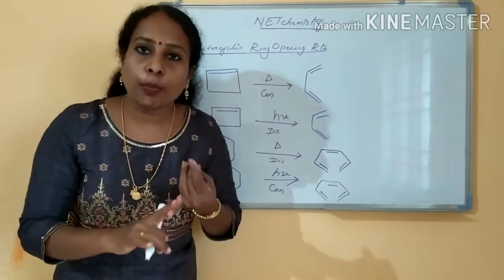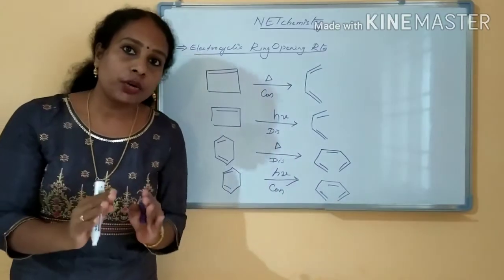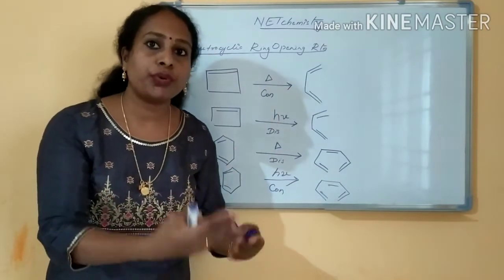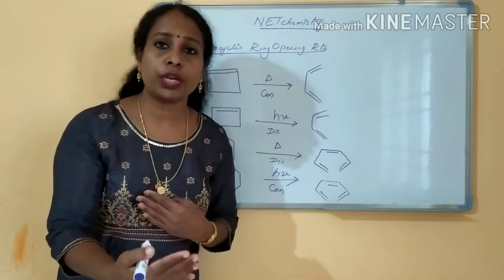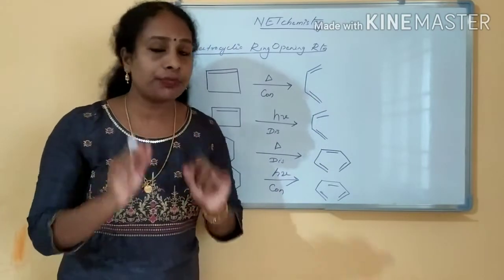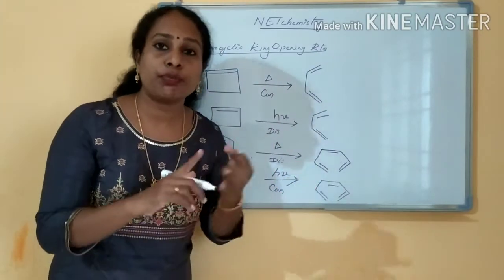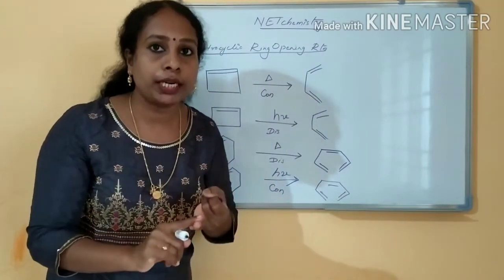Because ring opening and ring closure are reversible processes, whatever rotatory mode you have taken for ring closure, the same rotatory mode you have to take for ring opening reactions also. It is very clear now. You know what is conrotation and what is disrotation under photochemical and thermal condition.